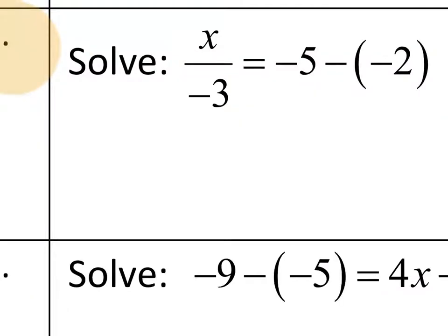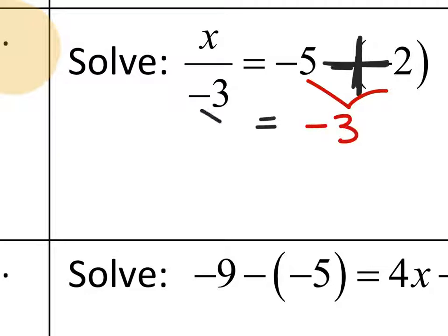Here we got x over negative 3 equals negative 5 minus negative 2. Now we got this minus negative stuff, which really can be confusing. So if we take the opposite of minus, then we can get rid of the negative stuff. So I'm just going to make this a plus. Now when I combine these, negative 5 plus 2, I should get negative 3.